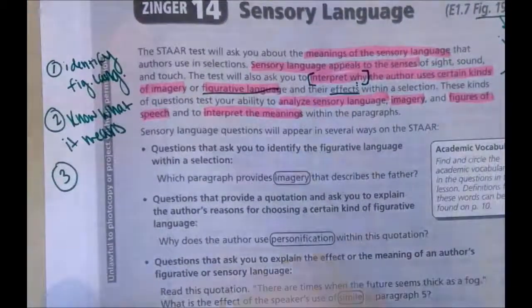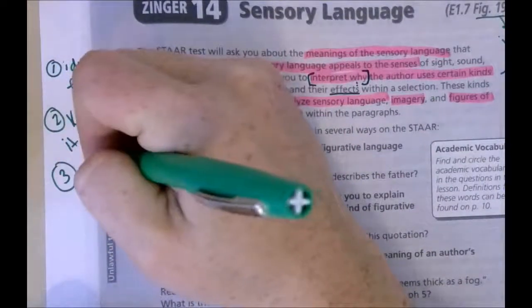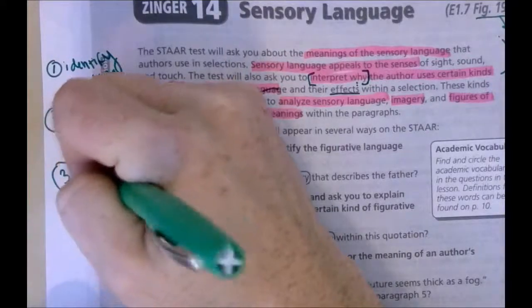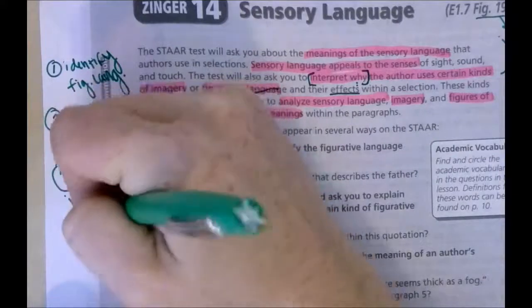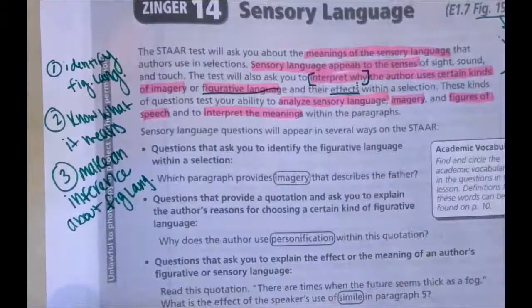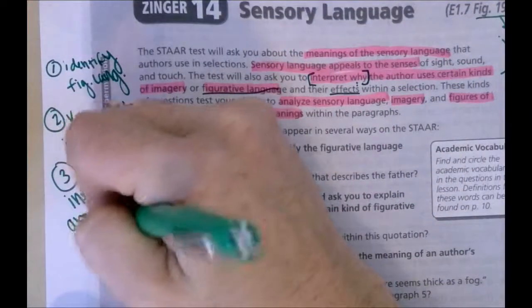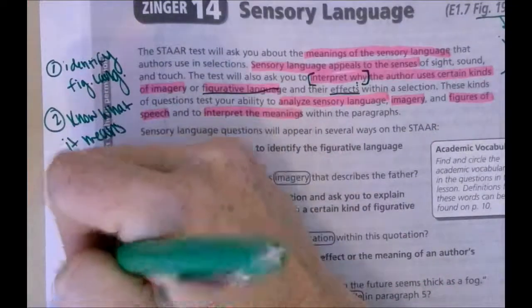Once you know what it means, you need to make an inference about the figurative language. And that comes in those associations when you're reading. And that can tell you what the impact is on the text.